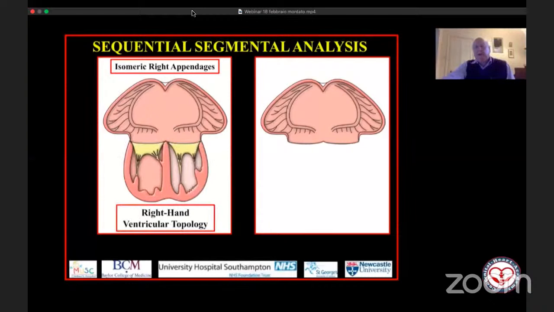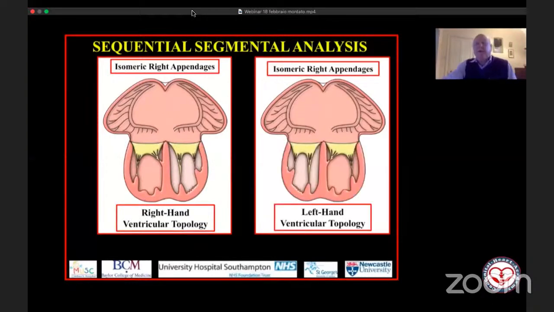matter whether you have right-handed ventricular topology or whether you have left-handed ventricular topology. Because in the setting of isomeric appendages, and I've been showing you here isomeric right appendages, it could equally well be isomeric left appendages.